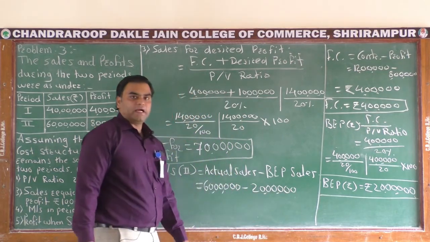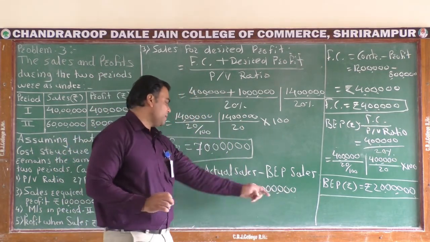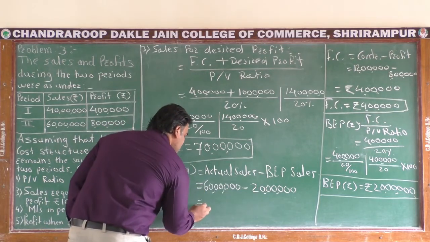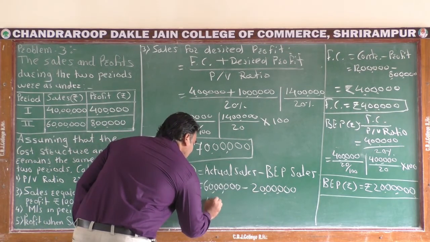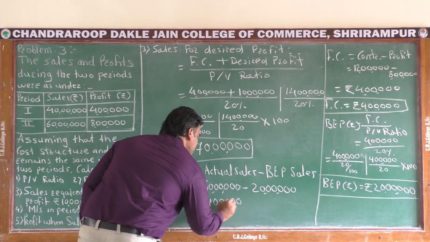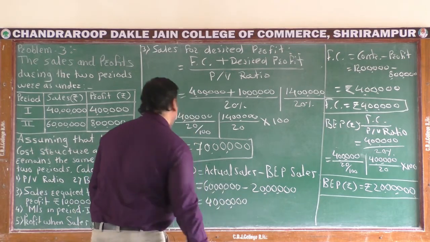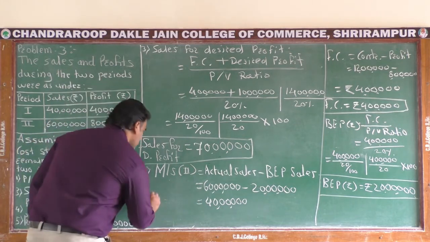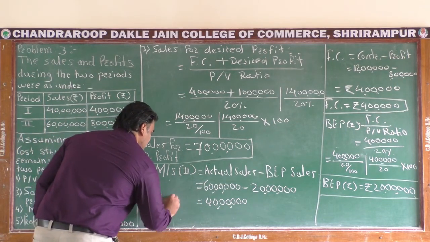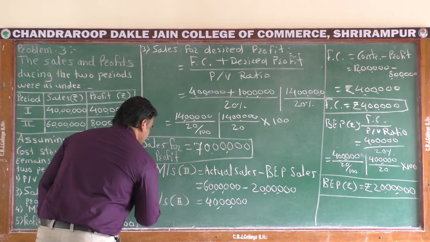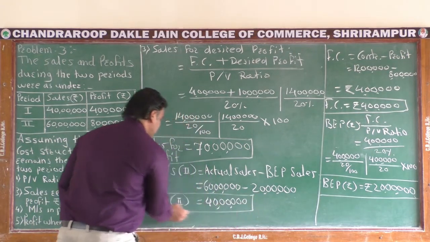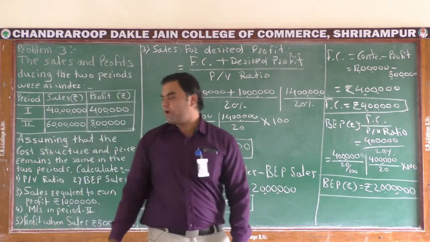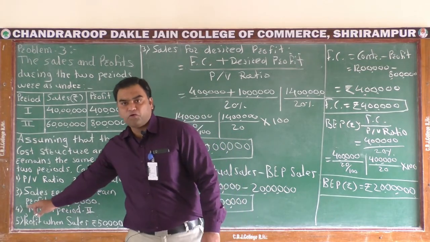So 60 lakh less 20 lakh BEP sales is equal to rupees 40 lakh, the amount of margin of safety for period second. So in that way we have calculated total 4 items.